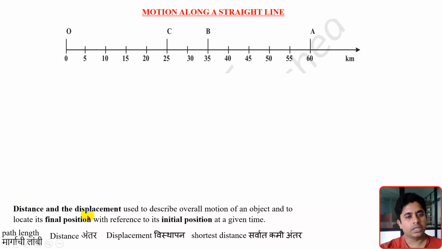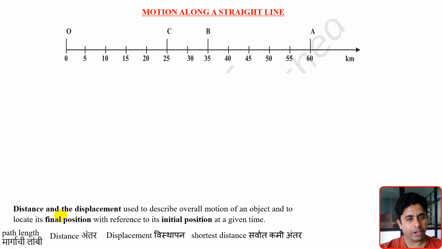distance and displacement are two terms which will help to describe the overall motion of the object. We will focus on the initial position and final position, the final position with respect to the initial position in a particular time interval.